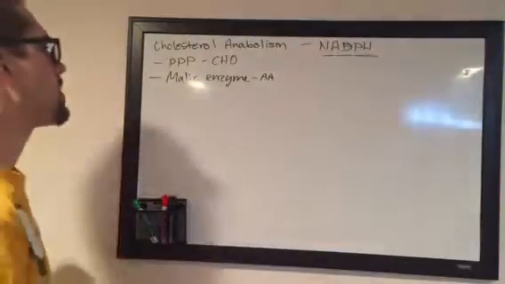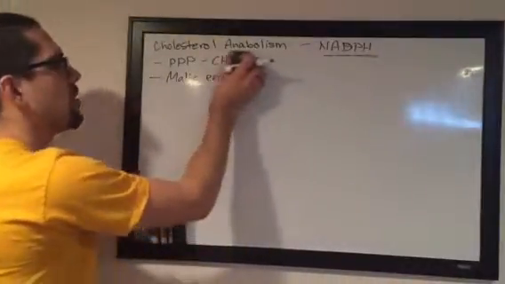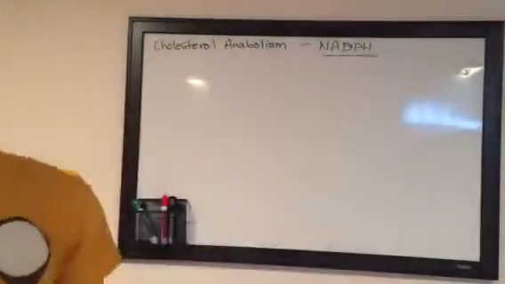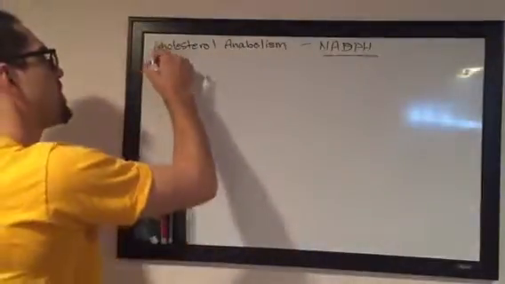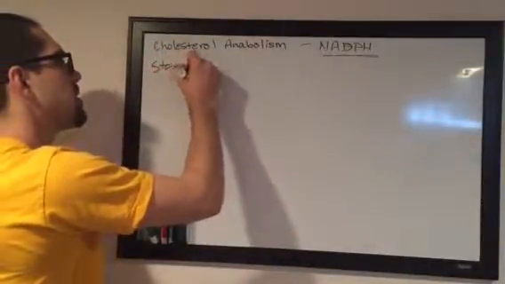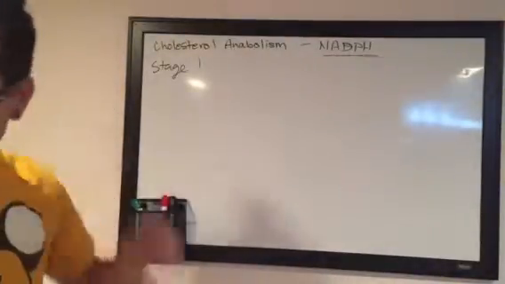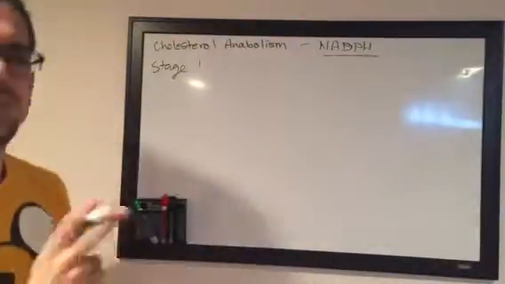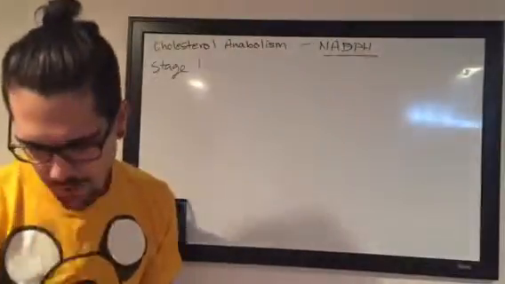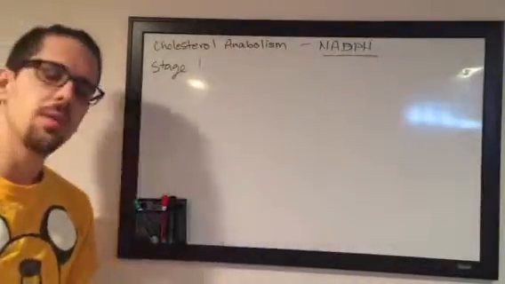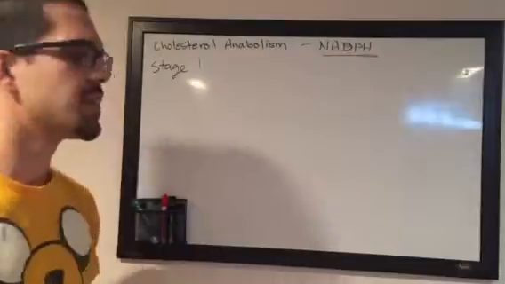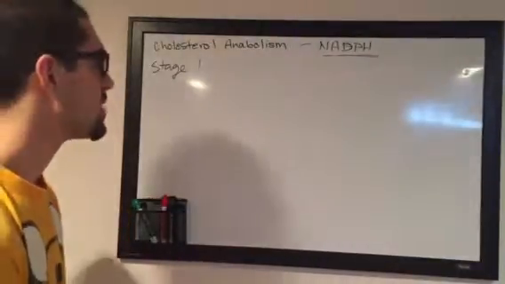It has 4 separate stages, and we're going to run through all 4 of them right now. The first stage, stage 1 of cholesterol synthesis, is essentially just the first 2 steps of ketone anabolism, followed by a different reaction that occurs on the smooth endoplasmic reticulum.